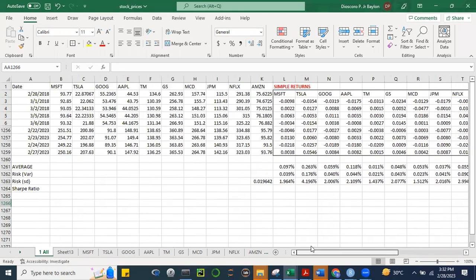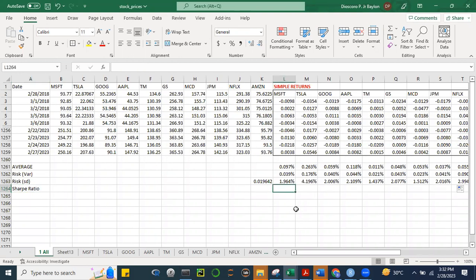Okay, so these are your metrics for the average daily returns, and then you have your metric for your risk, and then your metric for your standard deviation, and then let's compute for the Sharpe ratio, which is just the expected return divided by the risk.